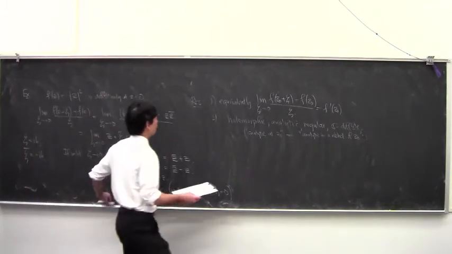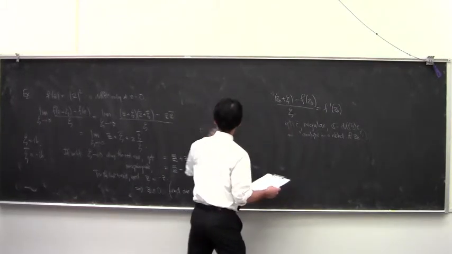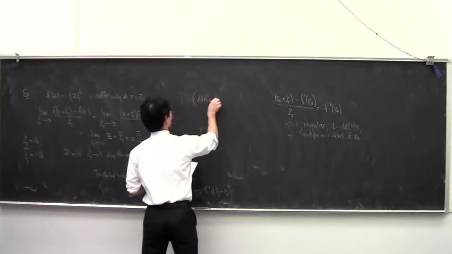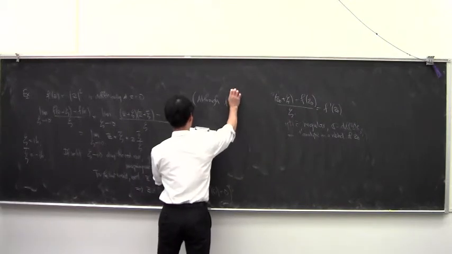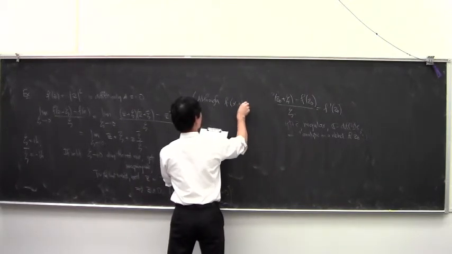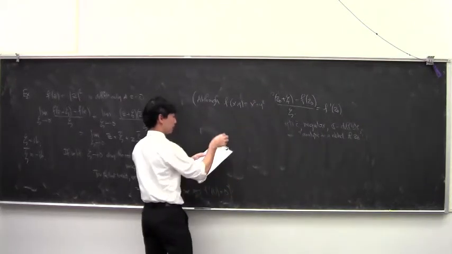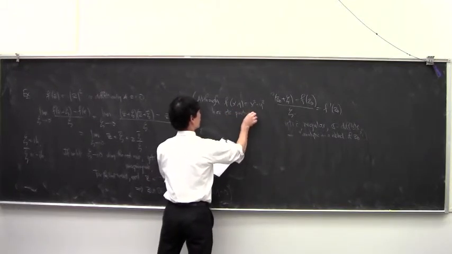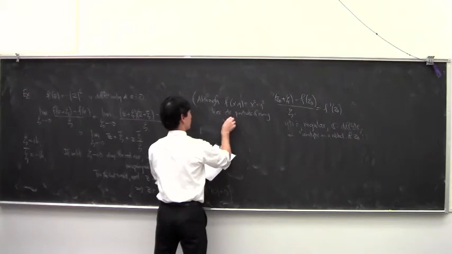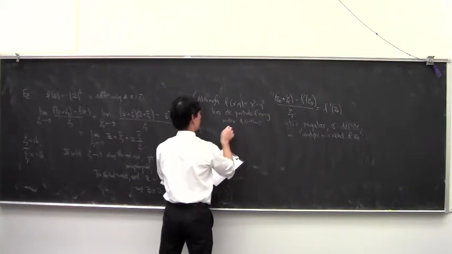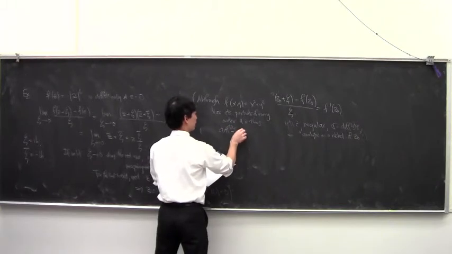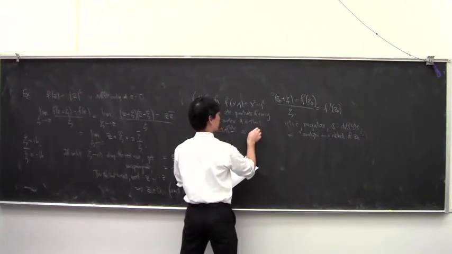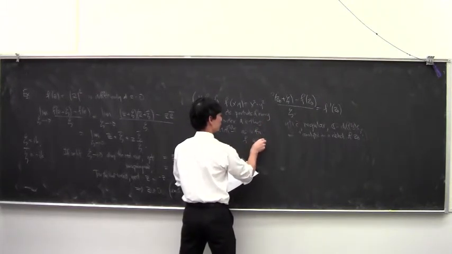Even though, if we think of this thing as a real function, f of x, y equals x squared plus y squared, this has continuous partials of every order, and is thus differentiable as a real function, as a function from R2 to R2.